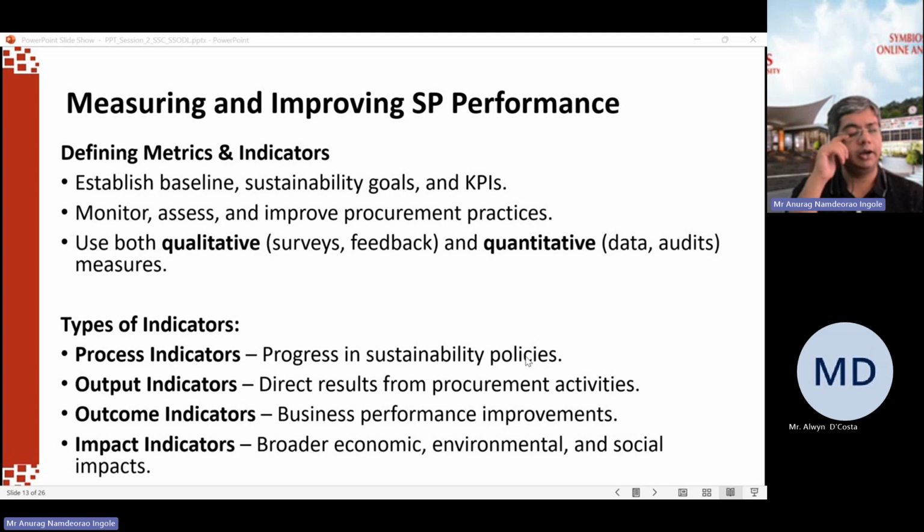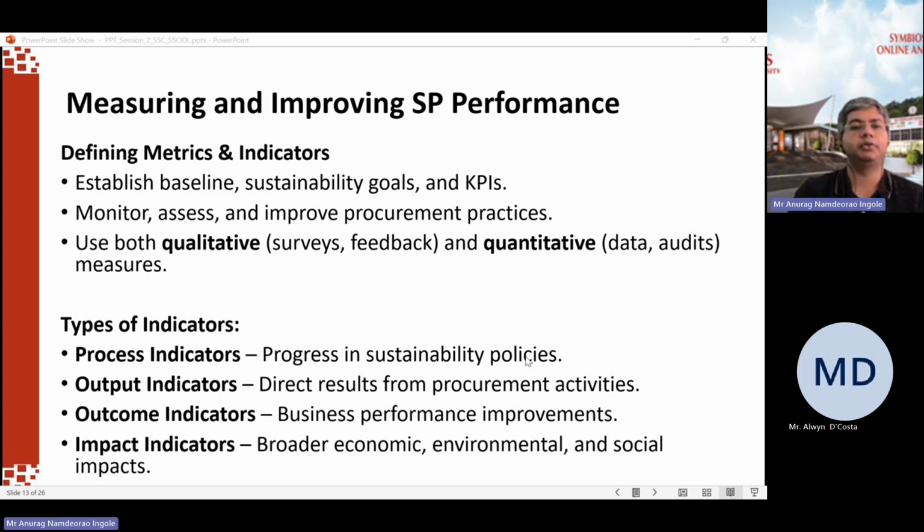Like we keep a check using various metrics and indicators for achieving our operational goals in our day-to-day operations. There are various KPIs. Similarly, we will also have some metrics and indicators for measuring and improving sustainable procurement performance.